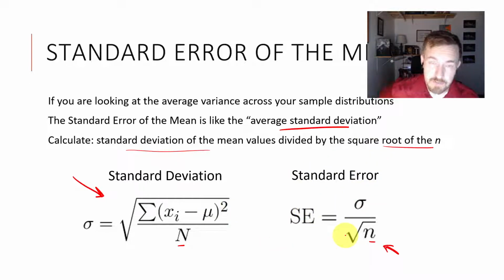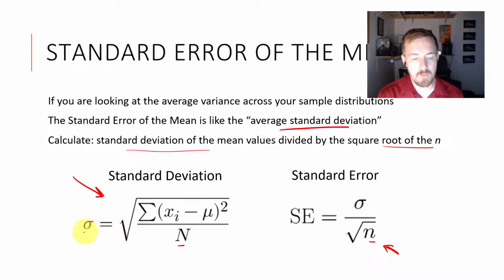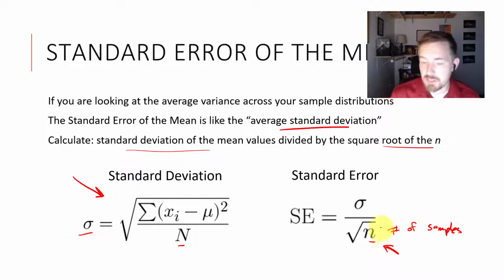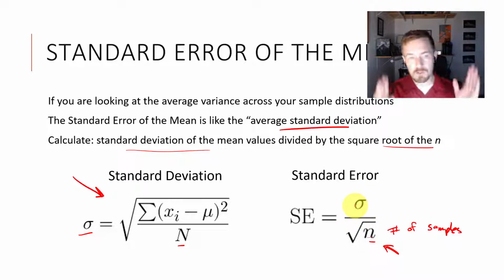Here, for standard error of the mean, we're going to be dividing the standard deviation by the square root of the total number of samples we have. So this is our total number of samples. Essentially, the larger this value is, the smaller the standard error is. The fewer samples you have, the larger that standard error is.